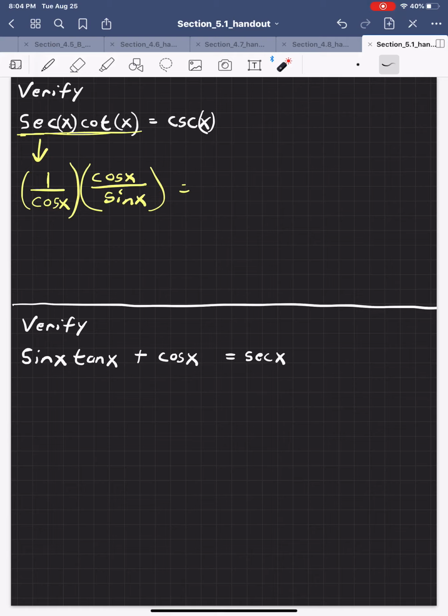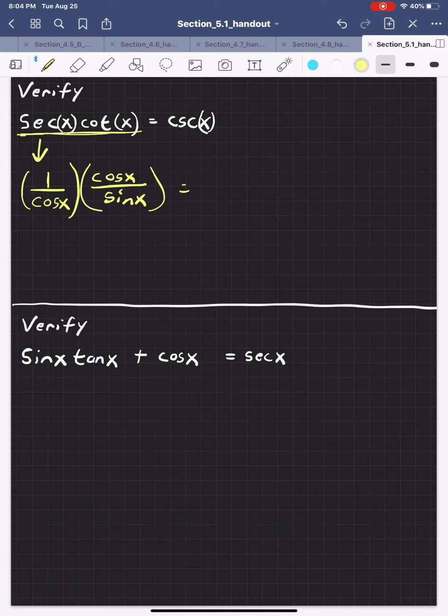Now, at this stage, we've successfully transformed the secant and the cotangent into functions dealing with only sine and cosine. It's a lot easier to deal with sines and cosines. So now, hopefully what you're seeing is that this cosine in the denominator is going to cancel this cosine in the numerator.